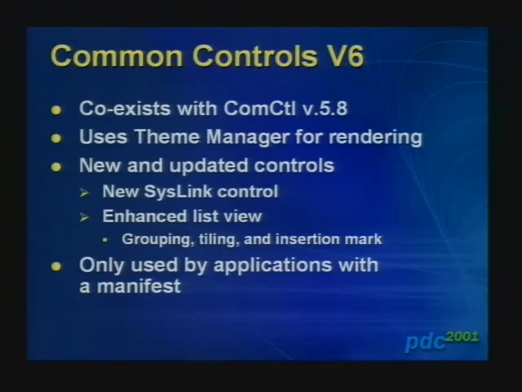I'll get into that in a little bit. The new Common Control is not 100% compatible with the old one, so you have to be careful about when you want to use the new one and the old one. We really took out a lot of hacks and various stuff that have accumulated throughout the years in the old Common Control. So you have a choice of using the old Common Control and the new Common Control.